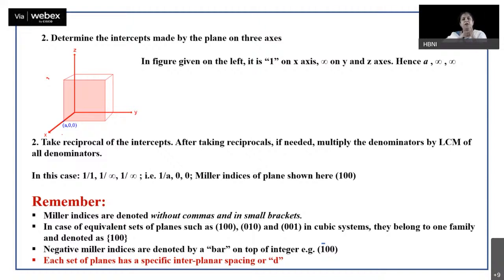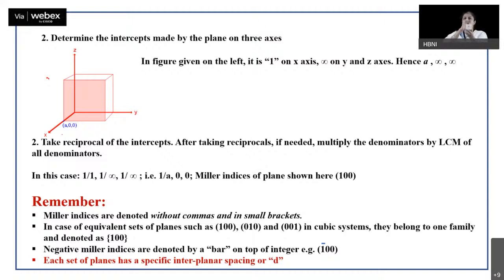Then your lattice planes 1 0 0, 0 1 0 and 0 0 1. If this was the origin, then the plane that is pointing towards me is 1 0 0, and this particular plane is 0 1 0.